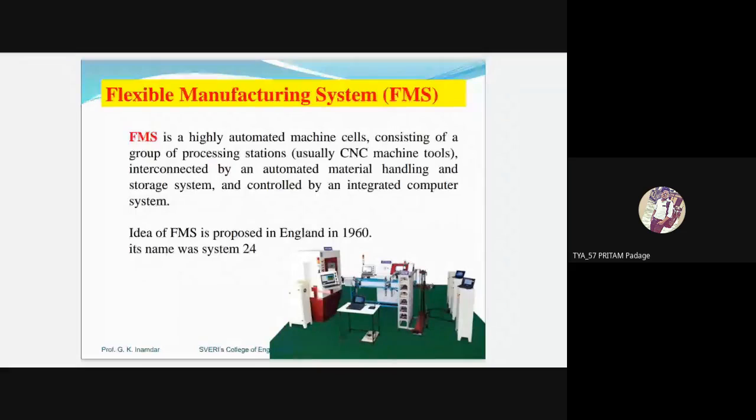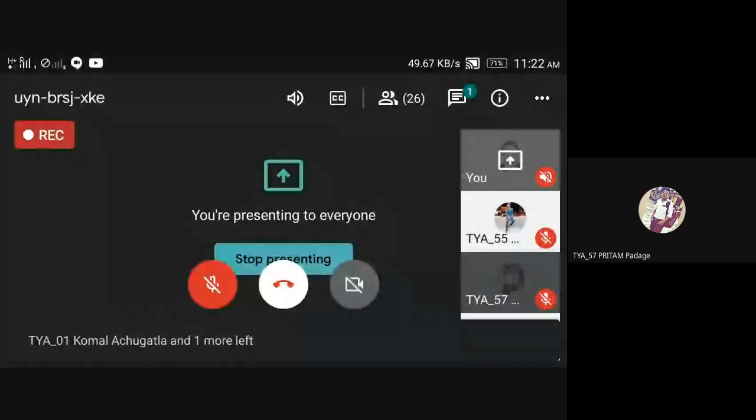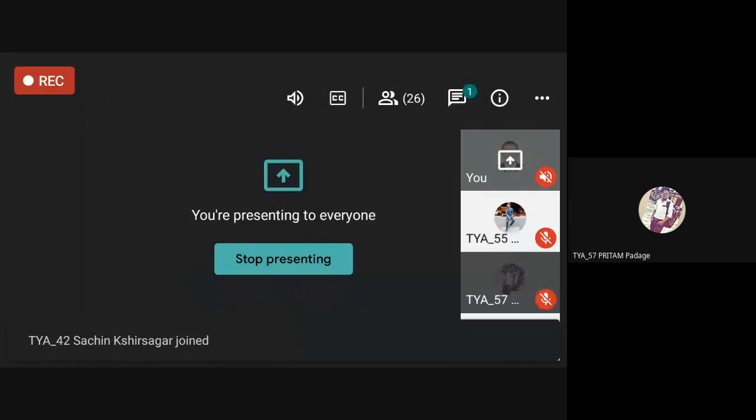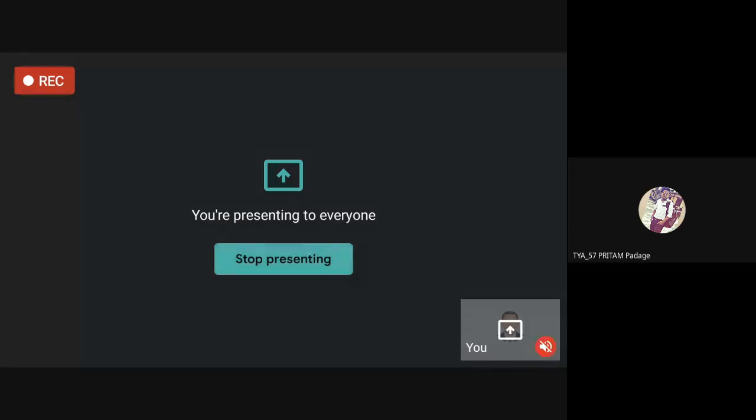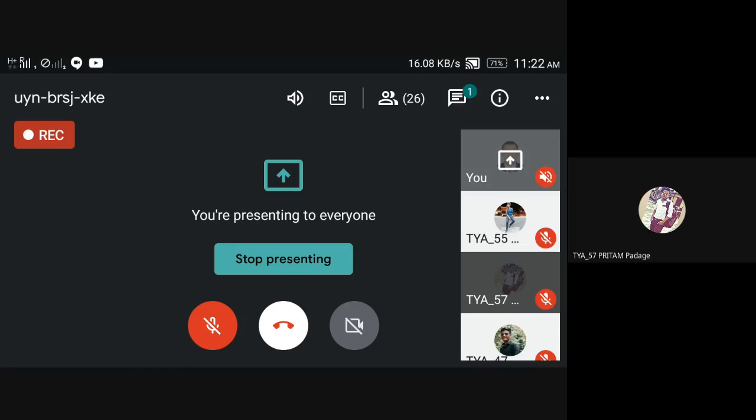So interconnected by. Flexible processing stations are also available.